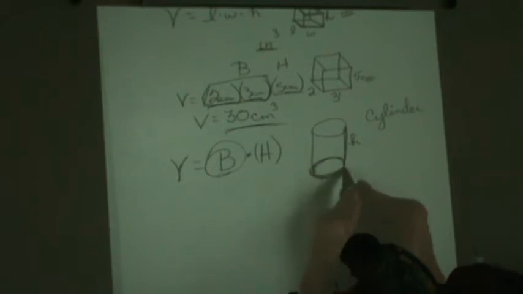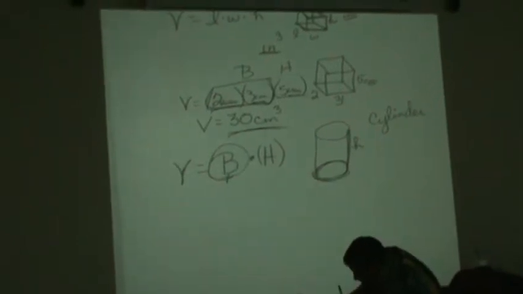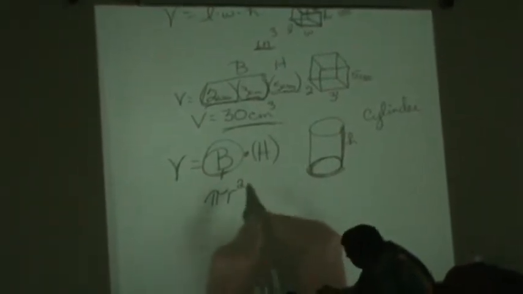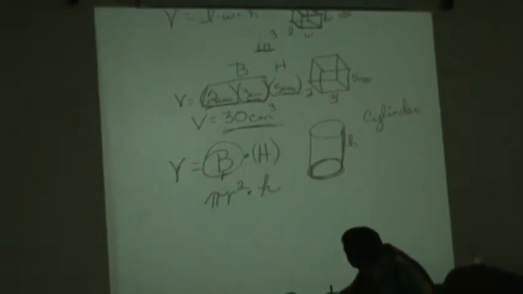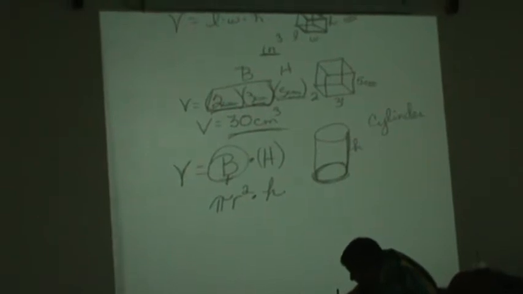The base of this is a circle, so we need the area of a circle for the base, which is pi r squared. Pi r squared times the height. So the volume of a cylinder is pi r squared times the height.